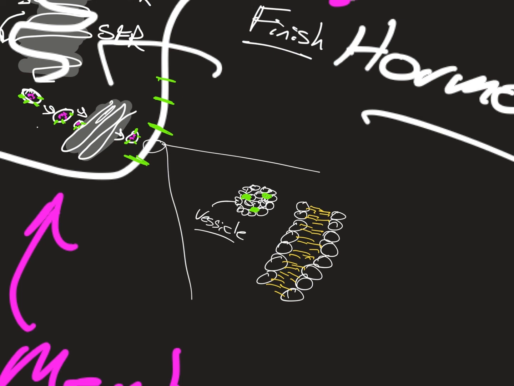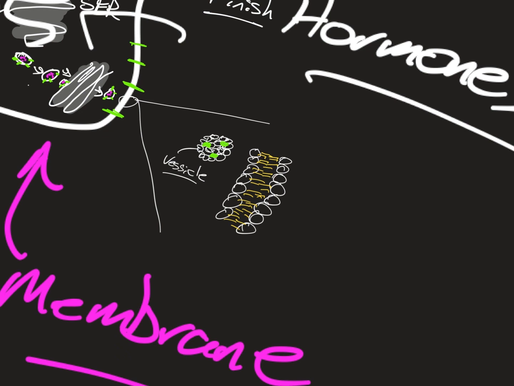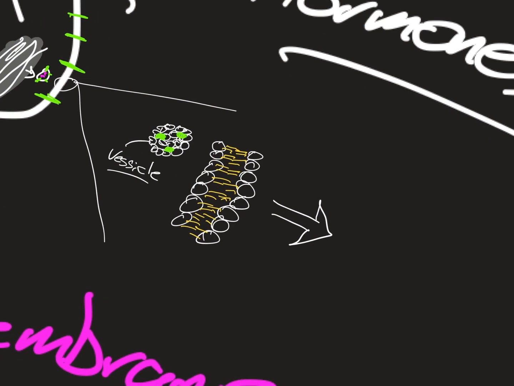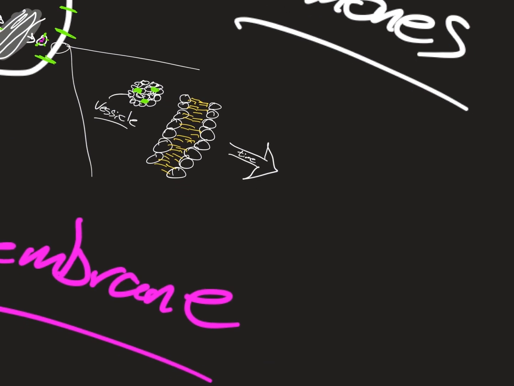And then, of course, on the inside, you have the proteins that are going to be kicked out, right? So when we move a little further, give it some time. And what happens is the vesicles start to fuse.